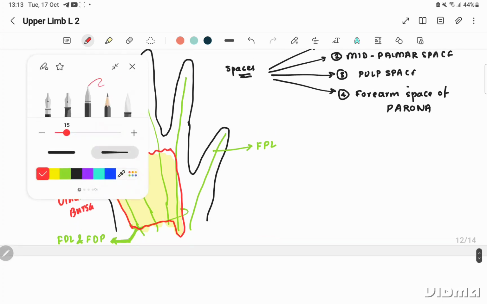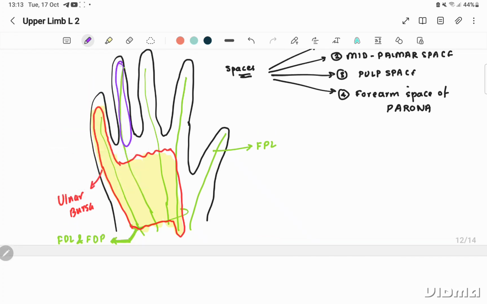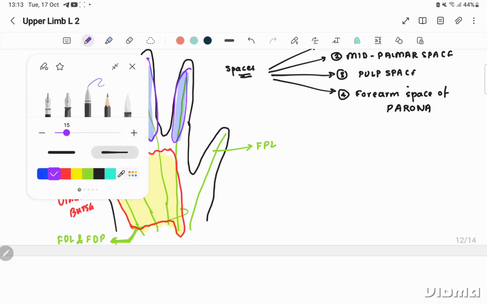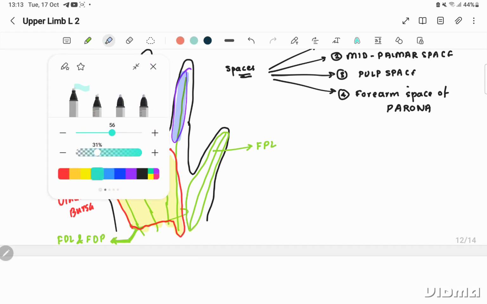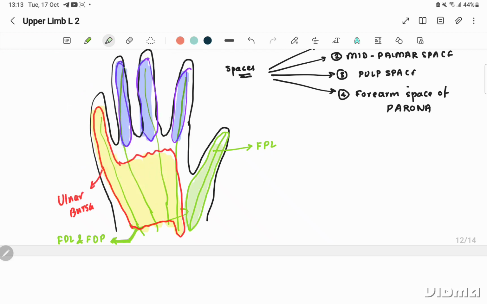Then we have bursas around this also, and another bursa which surrounds the tendon of FPL, as we saw in the flexor retinaculum diagram. We have here the radial bursa. This green one is the radial bursa.